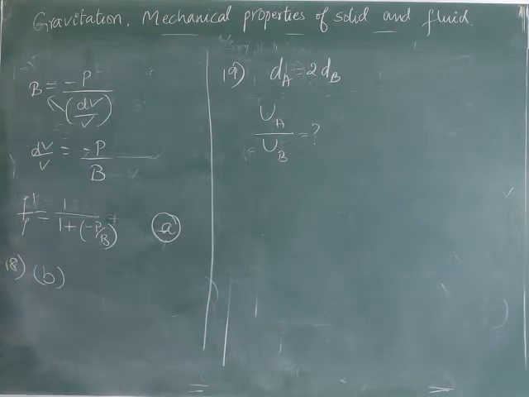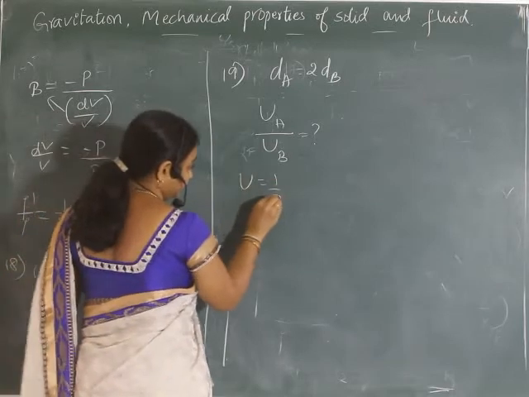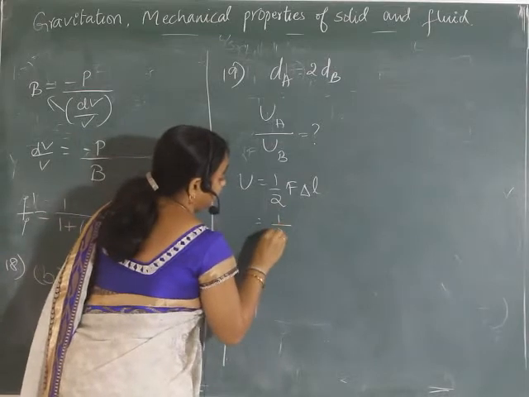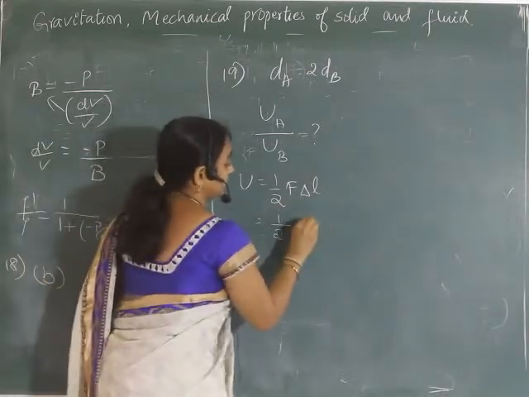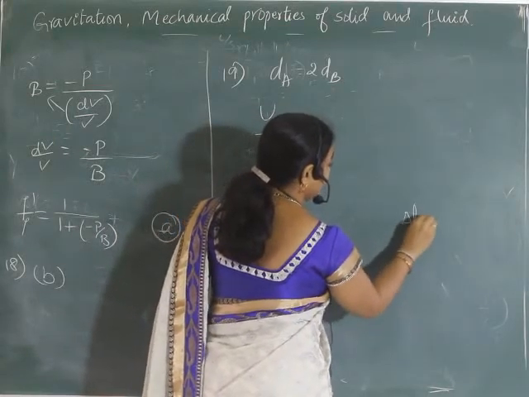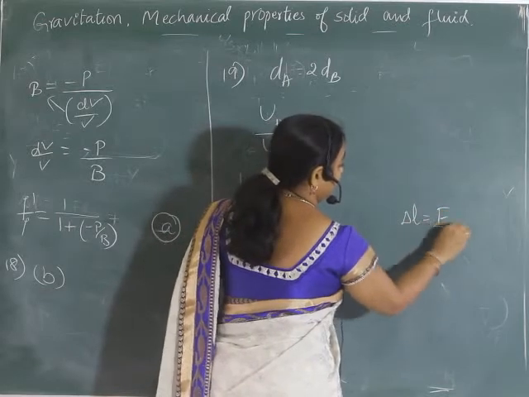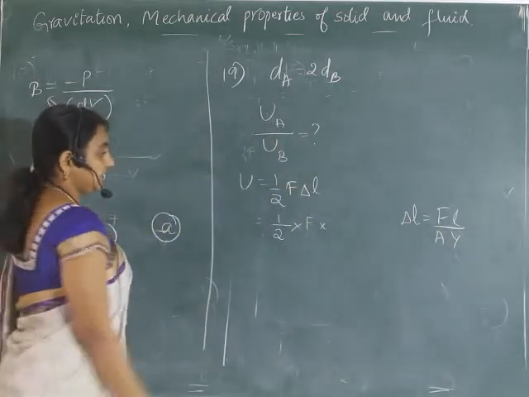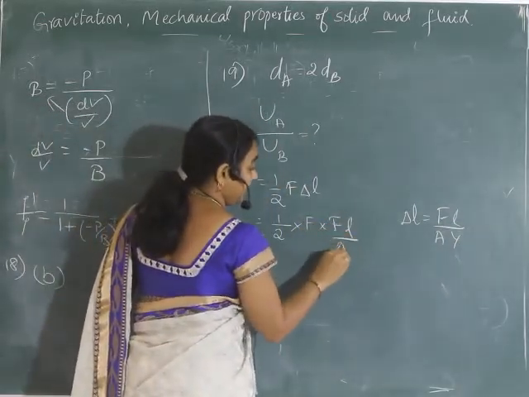We know that U is equal to half F into delta L. But delta L can be written as FL by AY.